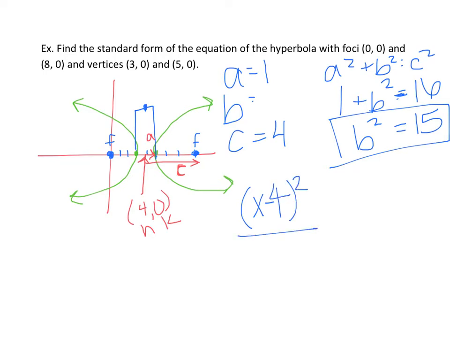Front one, positive, the one in front of the subtraction is always over a squared, so that'd be 1. Remember, hyperbolas have a subtraction in the middle. Y minus k, so y squared over b squared, this is why we didn't have to take the square root of 15, equals 1.